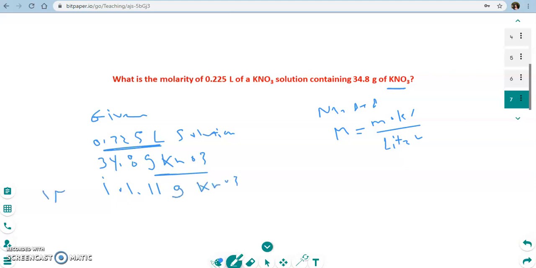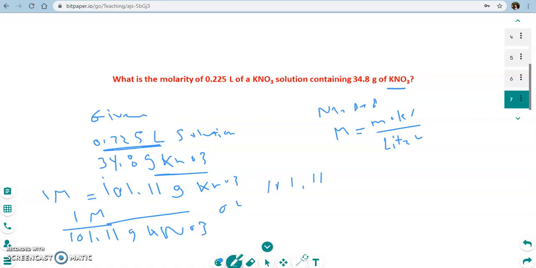You can say 1 mole is equal, okay, so we can have two conversion factors from this equation here. 1 mole over 101.11 grams KNO3, or 101.11 grams KNO3 over 1 mole.